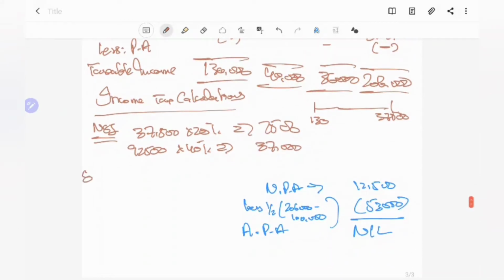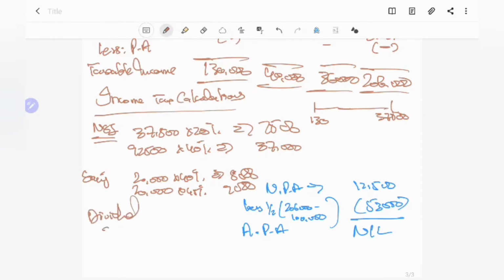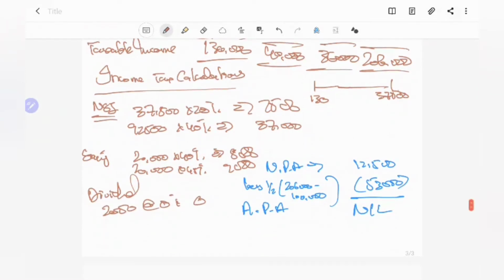Then you will have saving income, 20,000 into 40%, 8,000, and then 20,000 at 45%, you will get 9,000. For dividend income, 2,000 at 0%, it's 0, and 34,000 at 38.1%, which is 12,954.